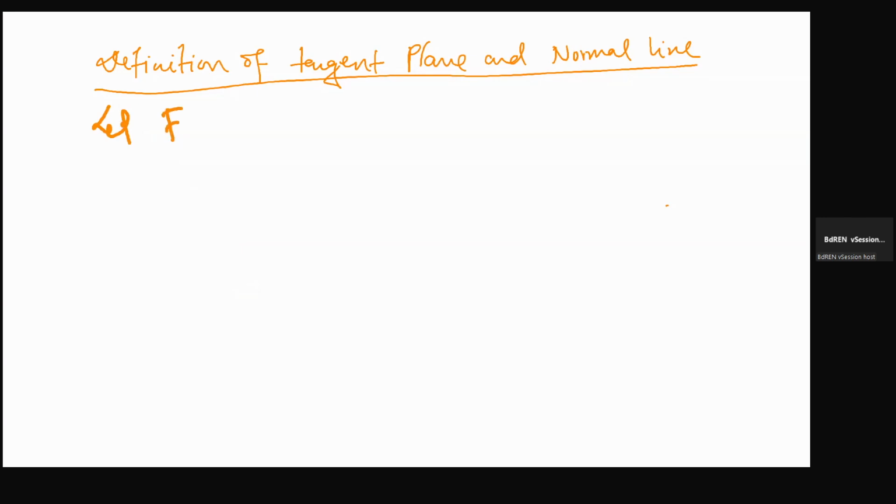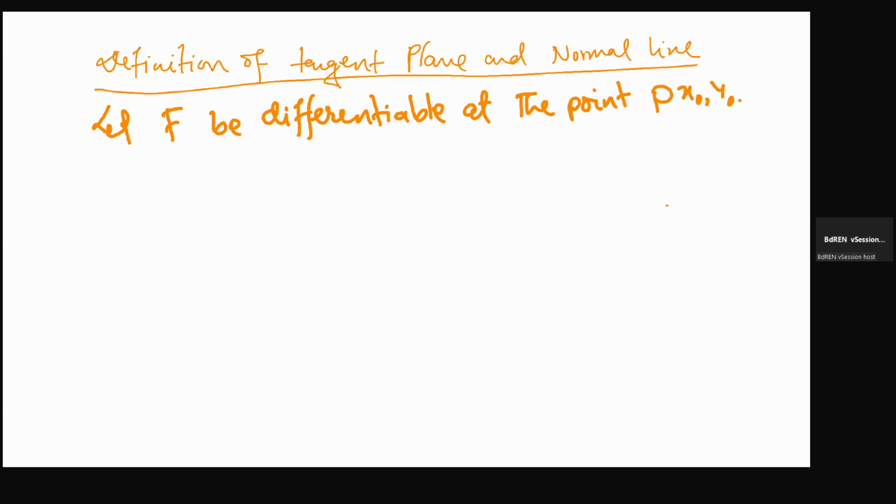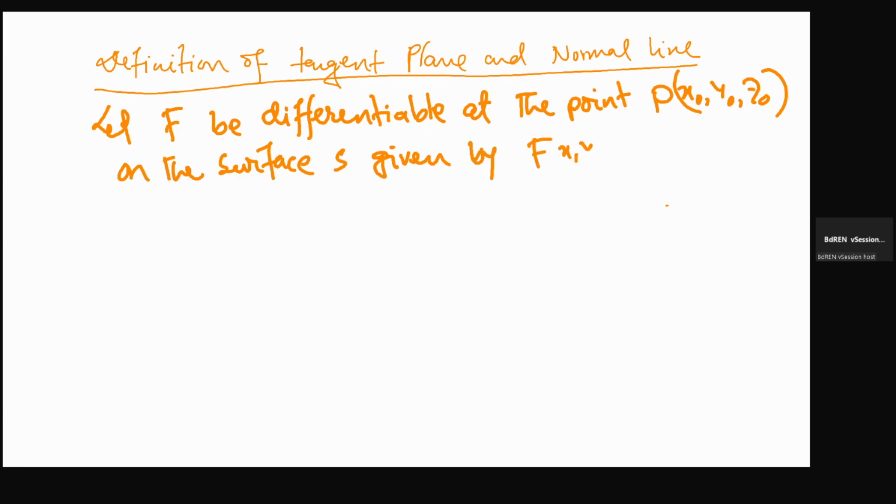Let f be differentiable at the point P(x naught, y naught, z naught) on the surface S given by f of x, y, z equal to 0, such that the gradient is non-zero.